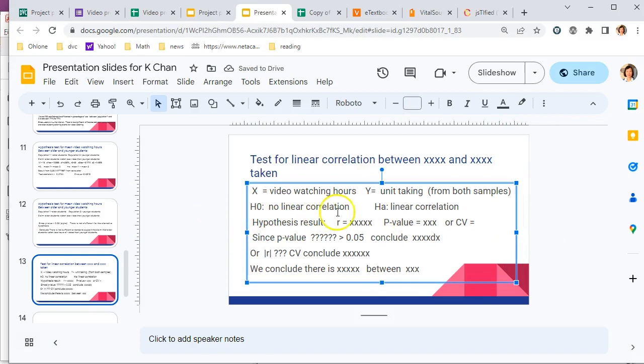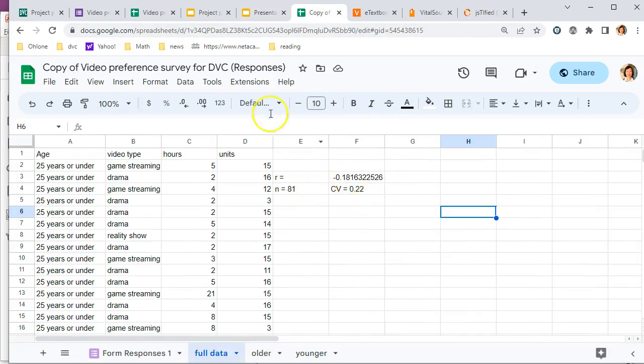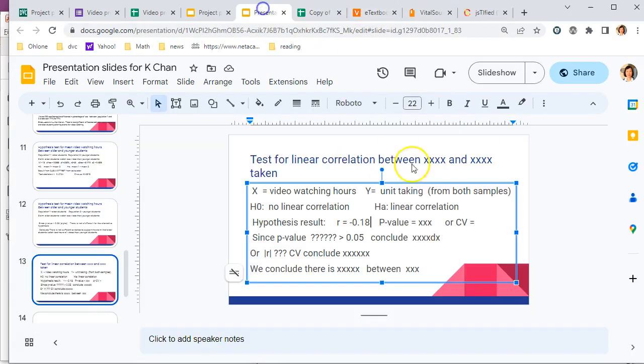H0 is no linear correlation. H1 is there is linear correlation. The hypothesis test would be R equal to negative 0.1816.